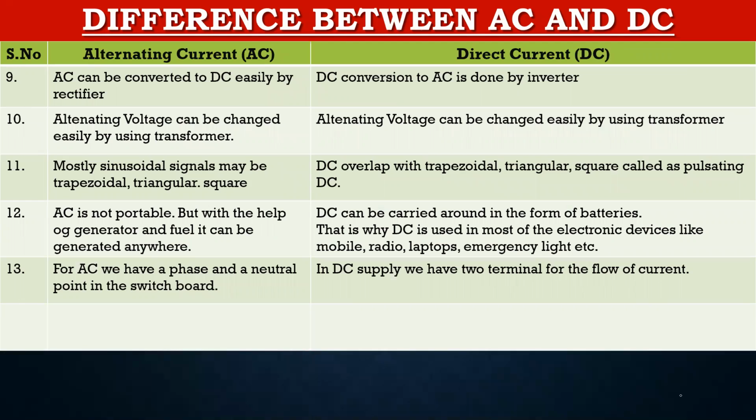AC can be converted into DC easily by rectifier, whereas DC to AC conversion is done by inverter. Alternating voltage can be changed easily by using transformer.